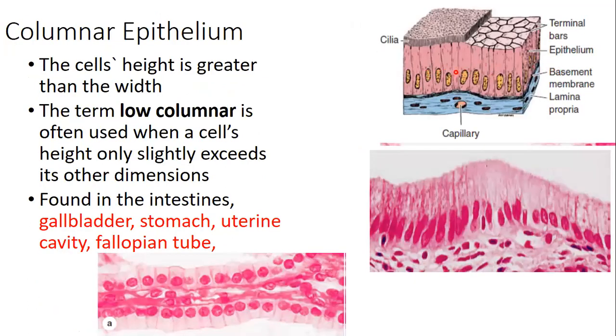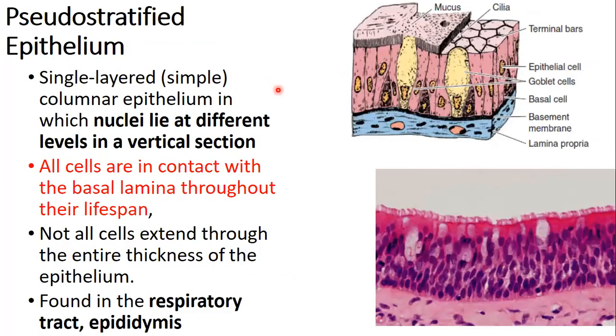One layer, but the cells are tall. So we call it simple columnar epithelium. One layer, but the position of the nucleus is not consistent. So we call it pseudo-stratified columnar epithelium. And you know where to find all these four types that we have discussed.